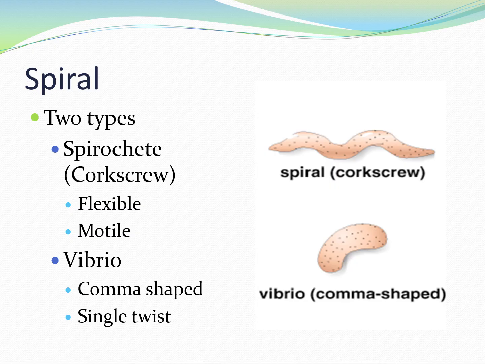That is the bacteria. And then we also have Vibrio, which is going to be a curved comma-shaped bacteria with a single twist. So these guys are still kind of a spiral, but again, they are called Vibrio.